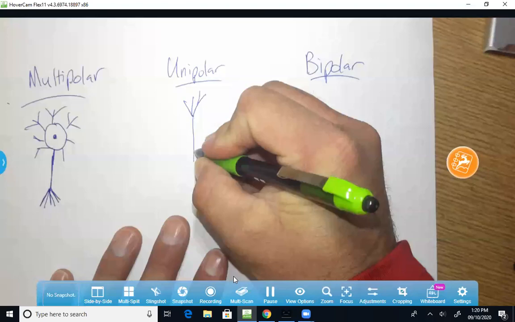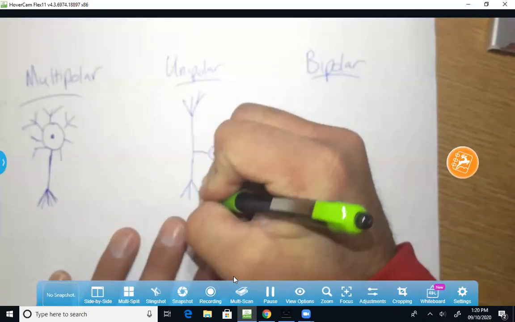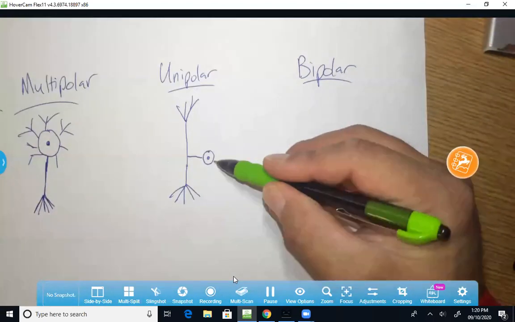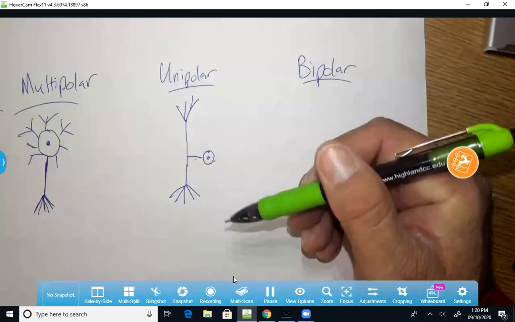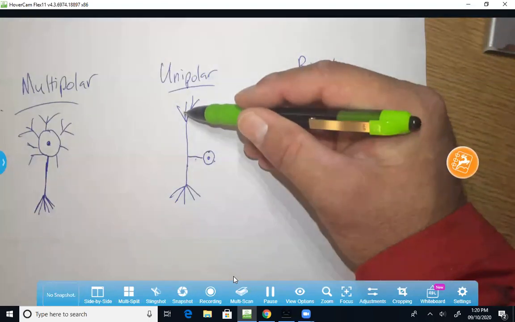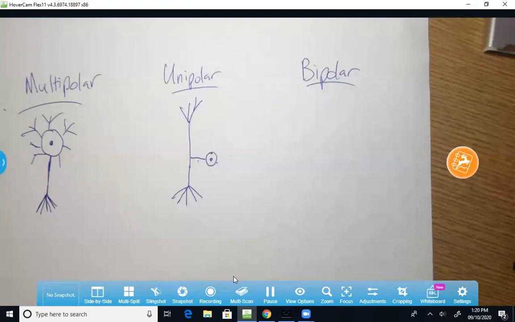A unipolar neuron is going to look like this, where you've got the cell body connected to one little branch, because uni means what? And then that branch goes one direction, and the branch from that goes the other direction.